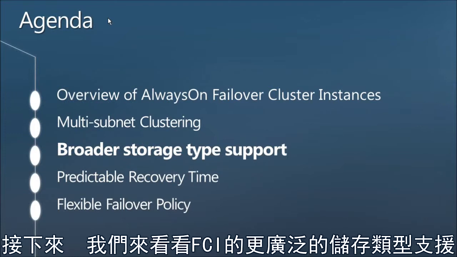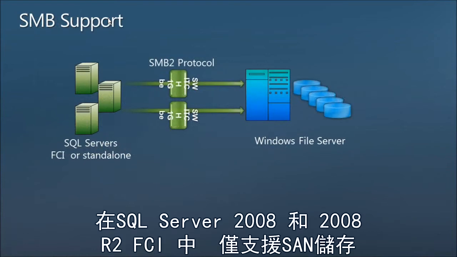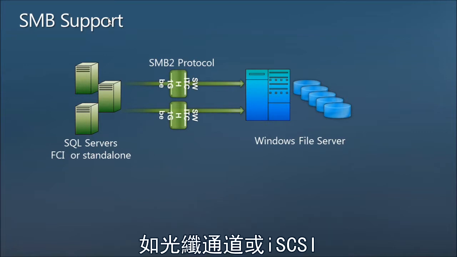Next, I will talk about the broader storage type support for FCI. In SQL Server 2008 and 2008 R2, FCI only supports SAN storage, for example, Fibre Channel or iSCSI.